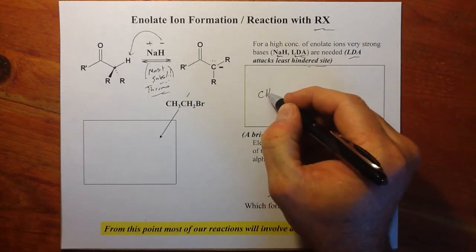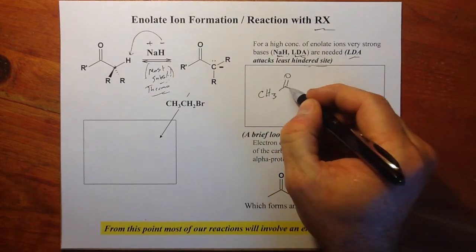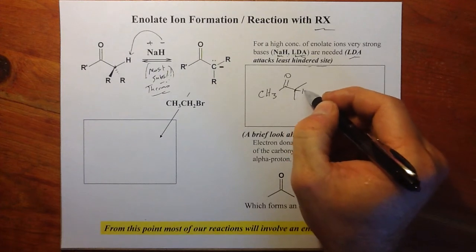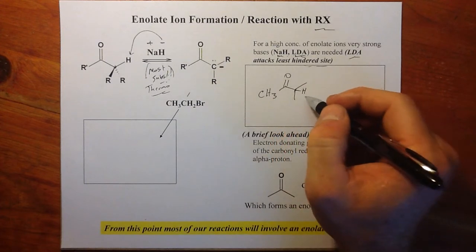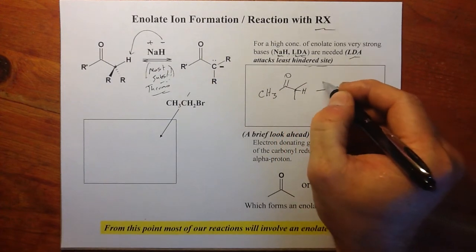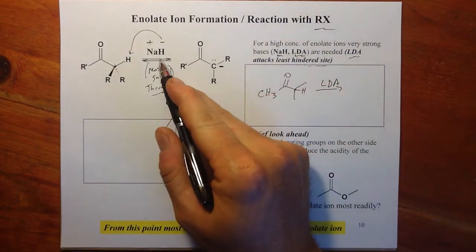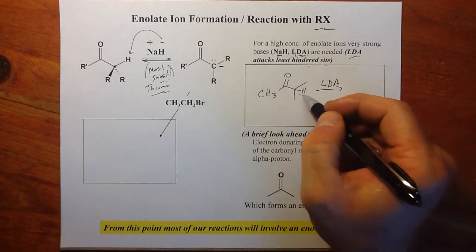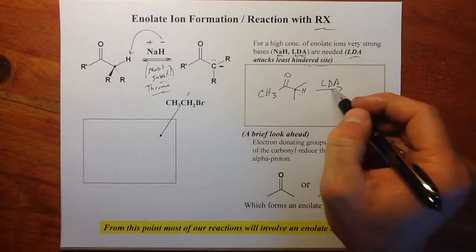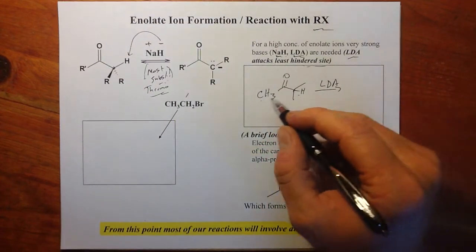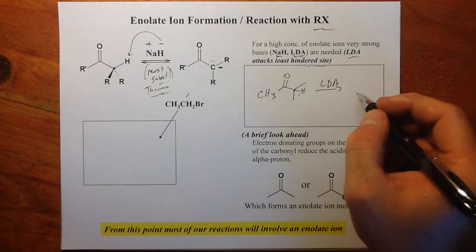So if we had, putting in the box here, an isopropyl methyl ketone, and we used LDA, unlike what we see here, the proton being scavenged off by sodium hydride, LDA would go after the less substituted site, least hindered site.